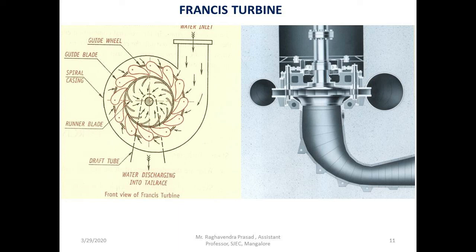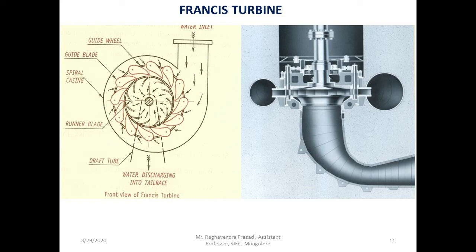After the work is done, the water enters into the draft tube, which is positioned exactly below the runner. It is a cylindrical tube. This tube helps us in equalizing the pressure, because when water enters into the spiral casing and runs between the guide blade and the runner blades, the pressure will decrease and fall below atmospheric pressure, and because of that there may be a chance of back pressure acting on the blades and it will reduce the speed of the runner.